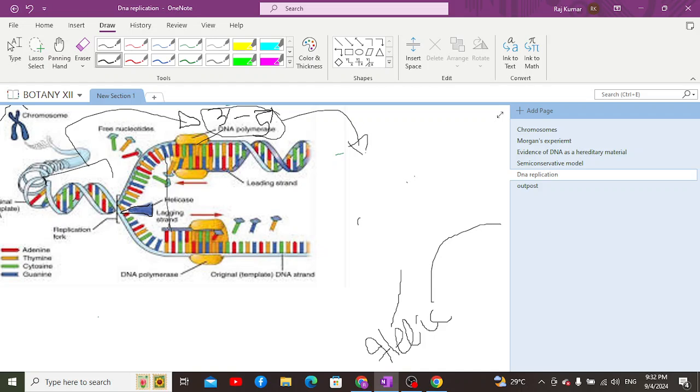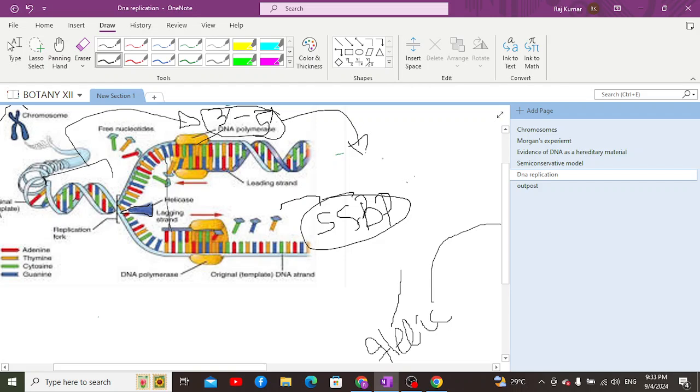So in order to prevent the formation of hydrogen bonds, a protein is utilized, named the single strand binding protein or single strand stabilizer protein, SSBP, which acts as a strand destabilizer or bond destabilizer, right? And this is the first step, which is known as the origin of replication.